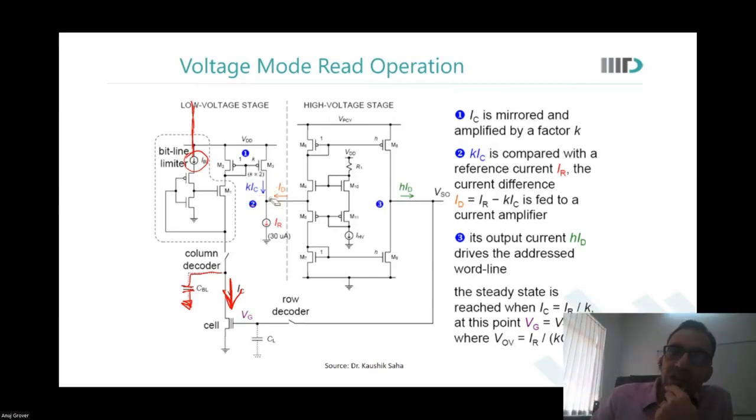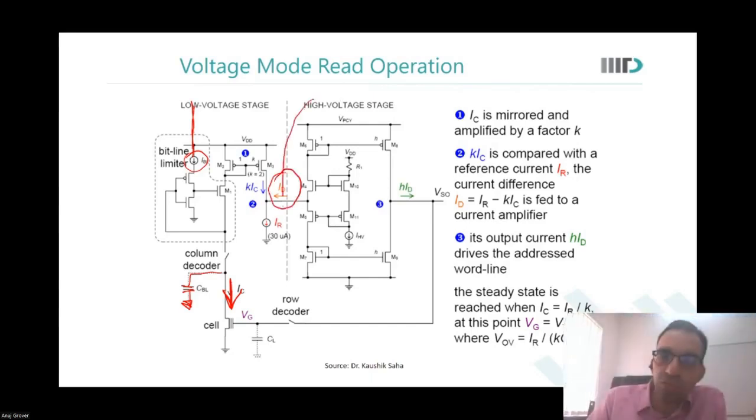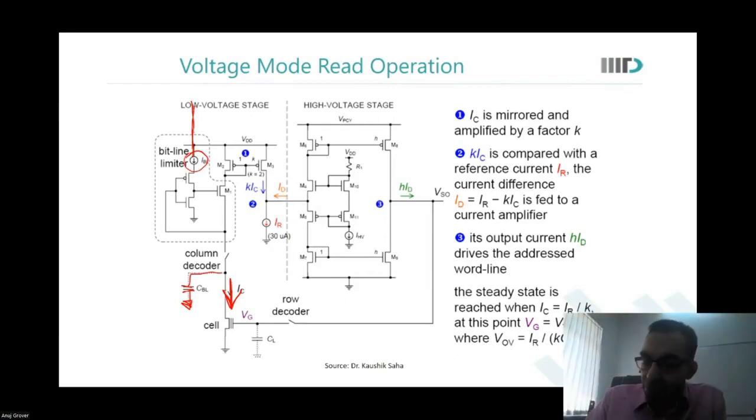And depending on IR minus KIC, there could be some charge that would flow from a high voltage sense amplifier into this region. This ID is then amplified through this amplifier stage. You see, here there is H, it is H over here.